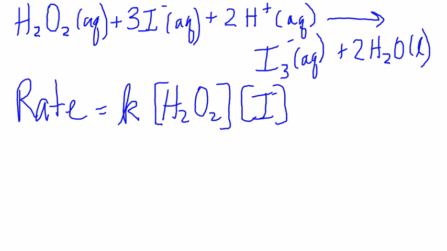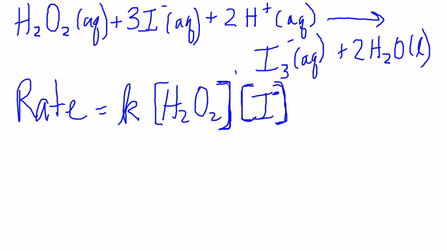If we are given this information, notice that the exponents on the hydrogen peroxide and on the I minus are both 1s. If nothing is written there, they are both 1s. And what this tells us is that after a bunch of experiments, we find that it is first order with respect to hydrogen peroxide and the I minus ion.